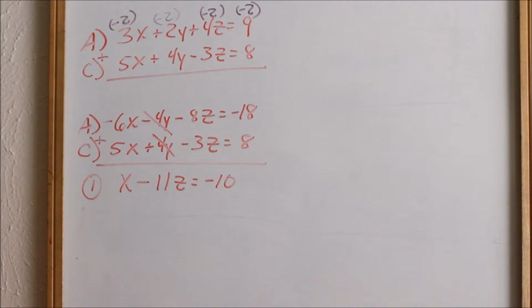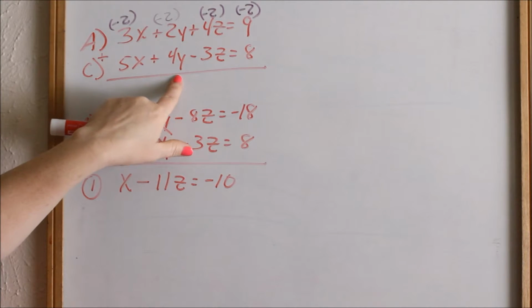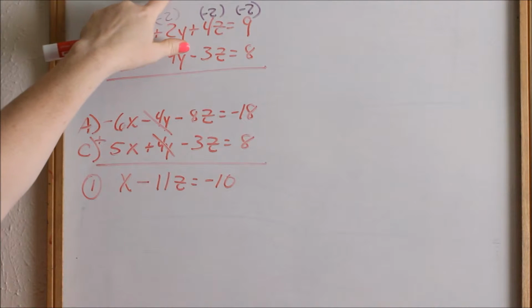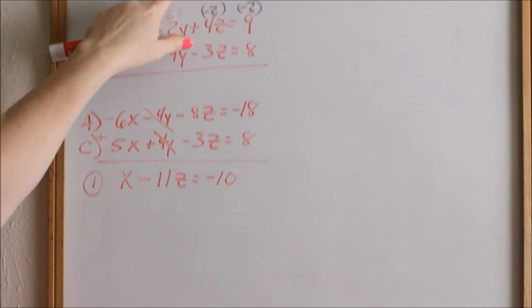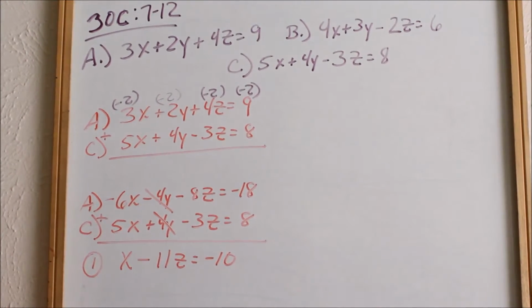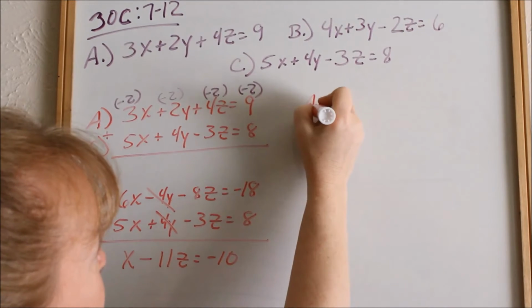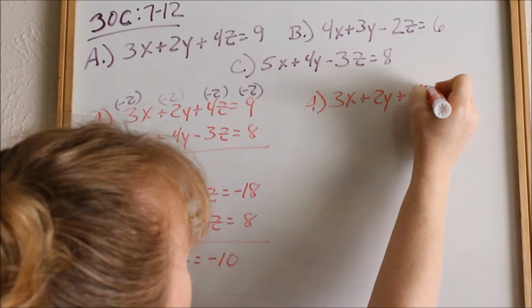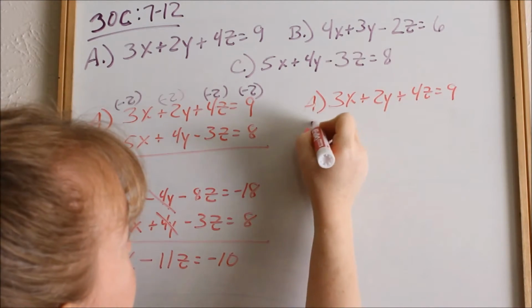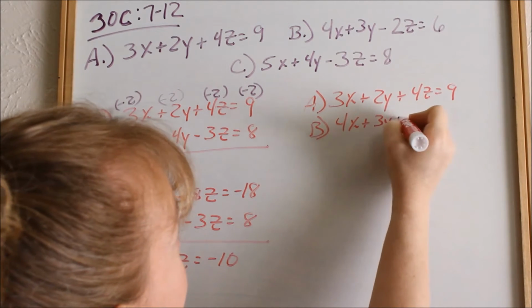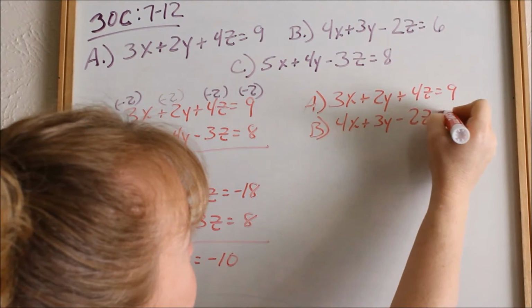Now I have to pick two different equations and eliminate the same variable. If I eliminated y, I need to eliminate y again. There's no easy way of picking two other equations, so I just pick A and B. Remember, you have to use two different equations and eliminate the same variable.